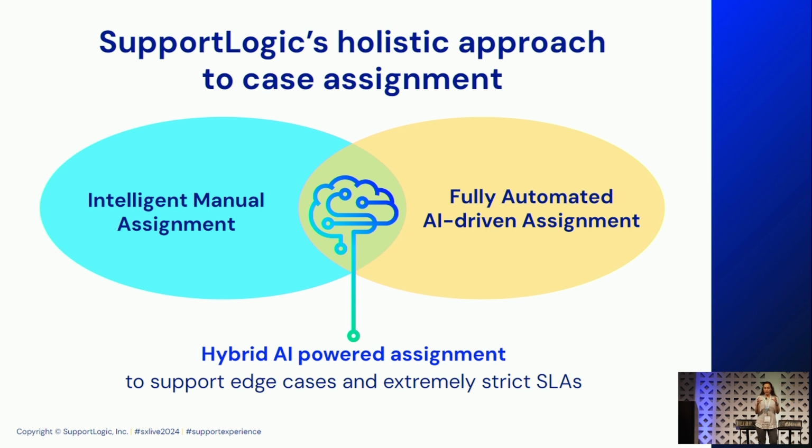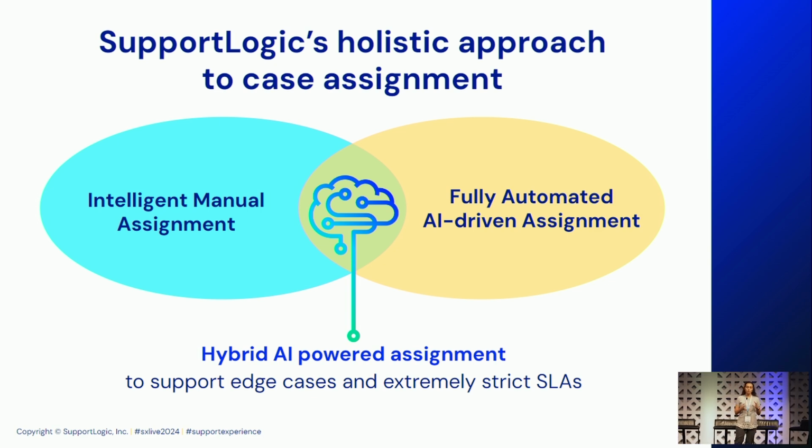And this is the best thing that we at SupportLogic are trying to comprehend: to provide both aspects, manual assignment and auto-assignment, that both leverage this AI mechanism and engine beneath. In the combination of them, we can provide a solid platform of case assignment for the organization.